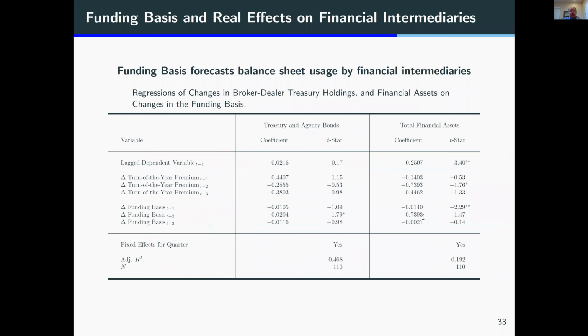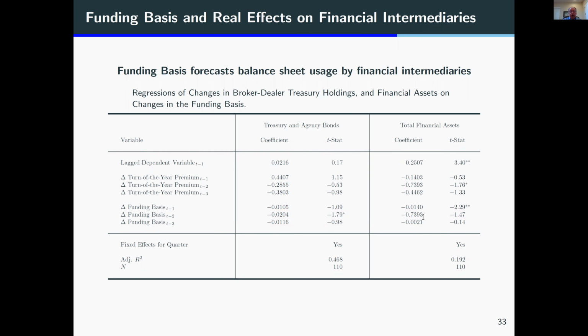We then take a look at whether there might be some real effects. In theory, if the cost of putting things on balance sheet goes up, banks should be doing less of it. So we take a look here and say, can we see some effects in aggregate broker-dealer treasury holdings and financial assets? Is it related to our proxies that we hope are capturing the changes in the cost of using your balance sheet?